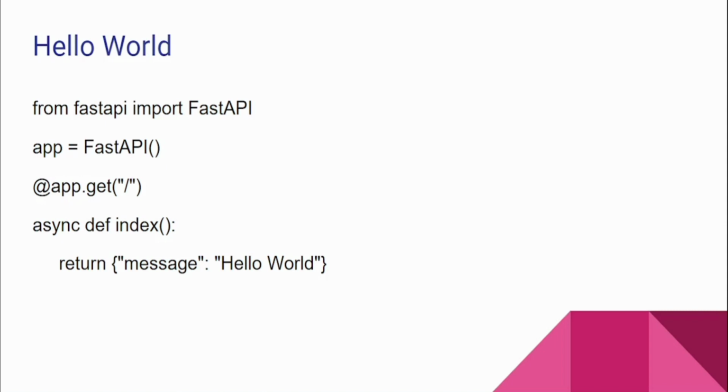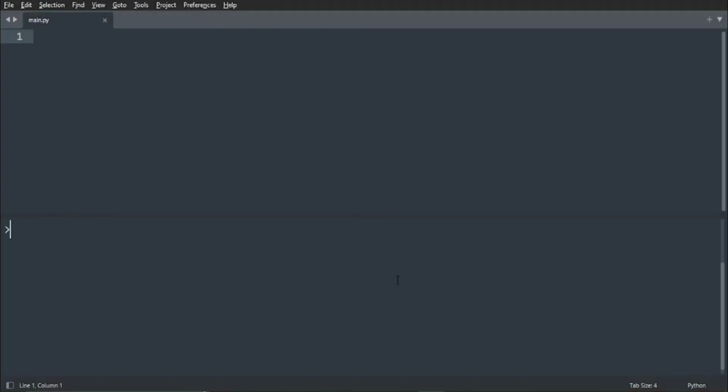This is the code for the Hello World program. Let's get into the coding by getting our hands dirty. First, open your text editor or any other editor you use. Here I am using Sublime Text for coding the FastAPI program, and I have an inbuilt command prompt with me. First we need to install the required packages.